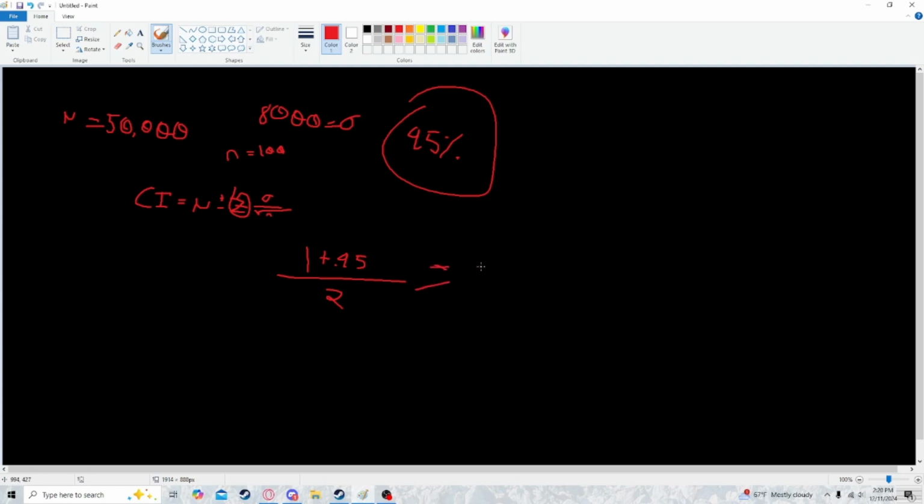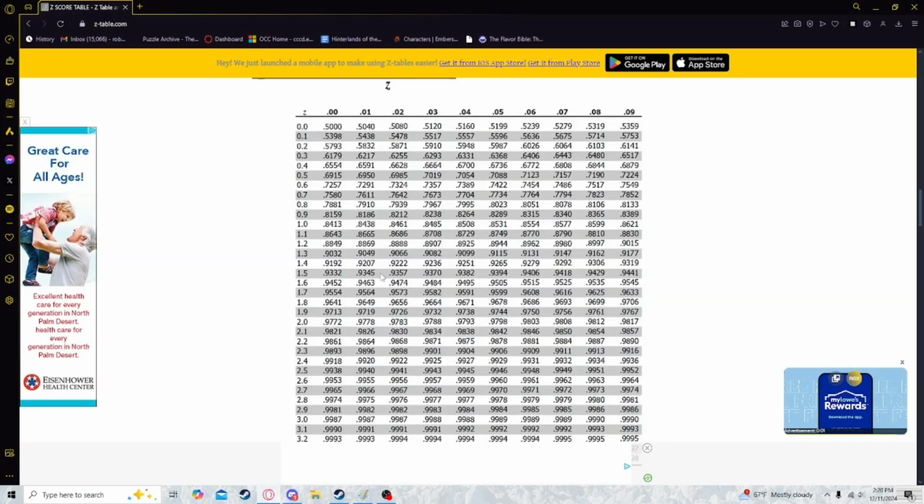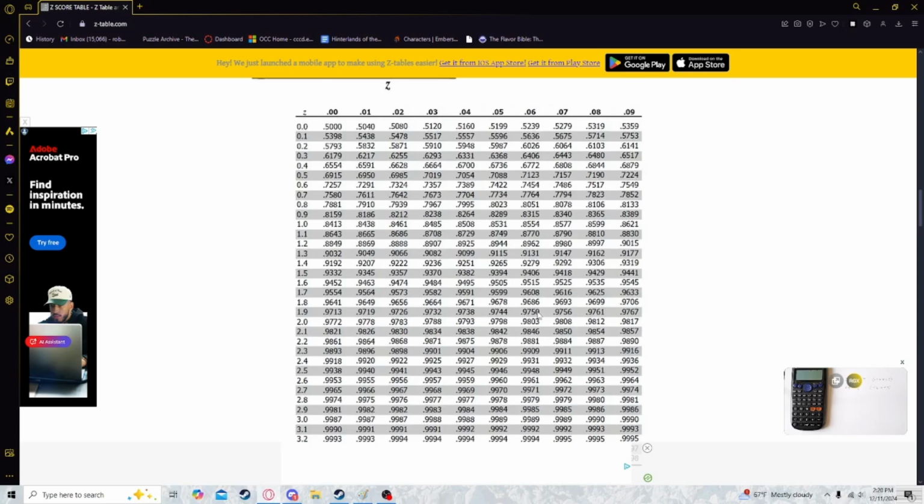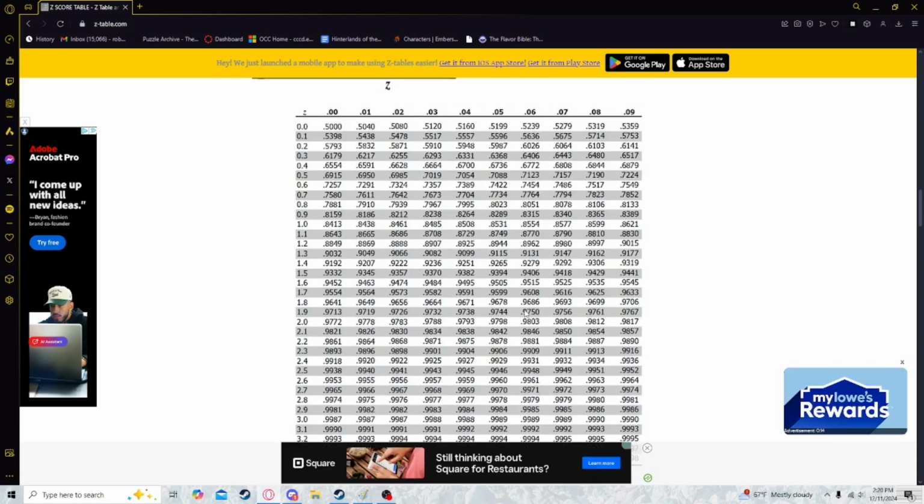And that is going to give us 0.975. And then with this number right here, we go back to our beloved z-table, and on here we find 0.975. So the z-score is going to be 1.96.